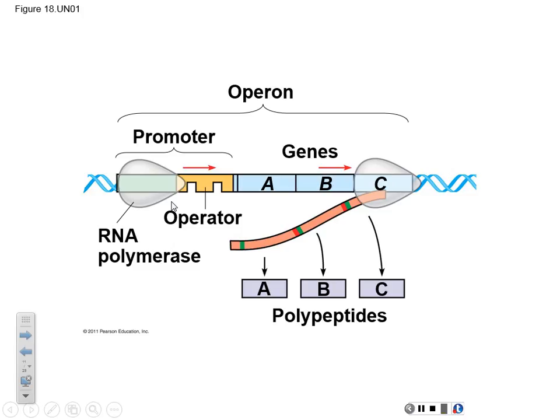If it makes an RNA for A, it's guaranteed to make an RNA for B and for C, and that's going to result in equivalent concentrations of the A protein, the B protein, and the C protein. In a word, that's coordinated expression, right? Beautiful, simple system. Why would you make one protein in the process if you're not going to make the other 2? Okay? That's how the problem gets solved for E. coli.